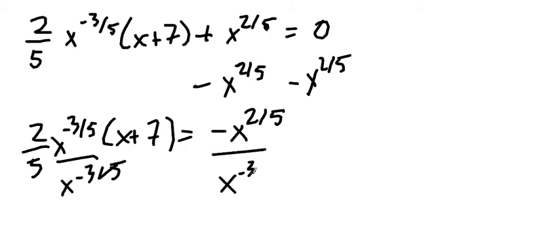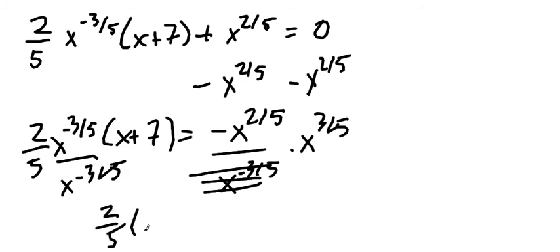And dividing by x to the minus 3/5 is the same thing as multiplying by x to the 3/5. So I end up with 2/5 times x plus 7 is equal to x to the 2/5 times x to the 3/5, which is just x to the 1, which is x. You go ahead and you get the same exact thing.